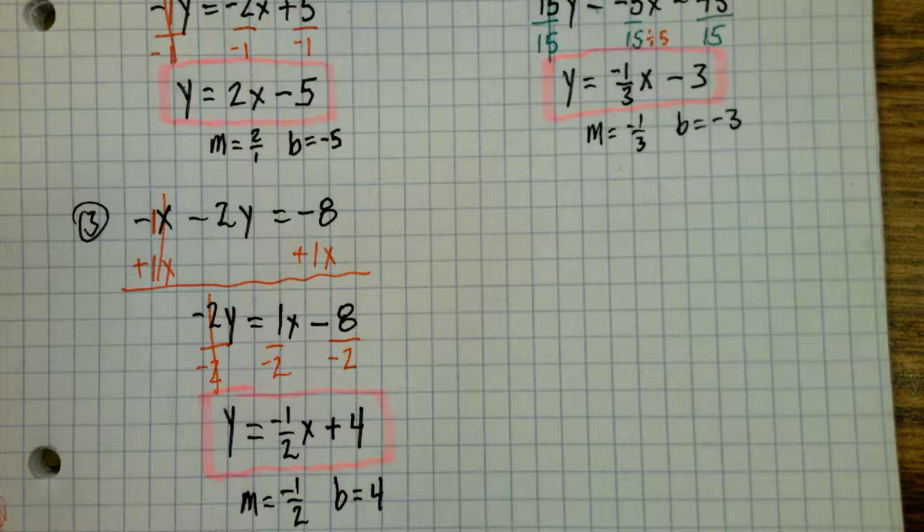Okay? So let's go ahead and graph this one. I see a few people writing, so I'm going to just wait. But you can just write down the equation, your new equation, on your last graph and graph it yourself. It's going to cross at positive 4. And now the slope is negative 1/2, so down one space, across 2.